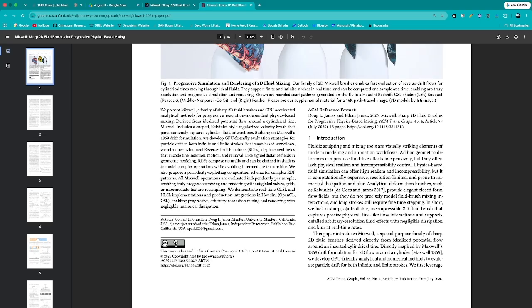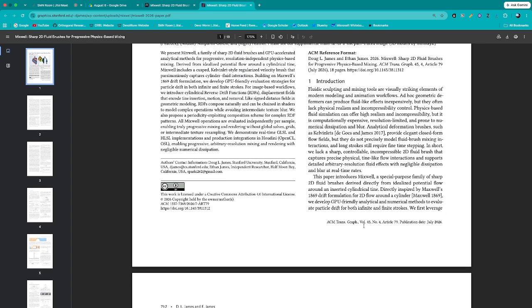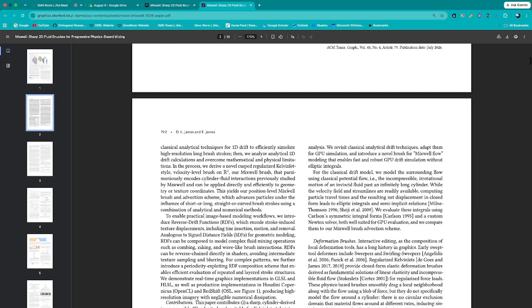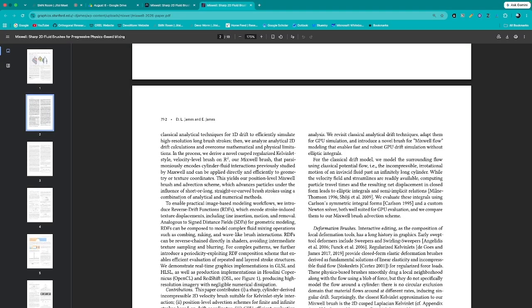In short, we lack a sharp, controllable, incompressible two-dimensional fluid brush that captures precise physical, time-like flow interactions and supports detailed arbitrary resolution fluid effects with negligible dissipation and blur at real-time rates. So that's what Mixwell is serving the purpose of. It's a special purpose family of sharp two-dimensional fluid brushes derived directly from idealized potential flow around an inserted cylindrical tine. And then this is just kind of where they were drawing from in the abstract.